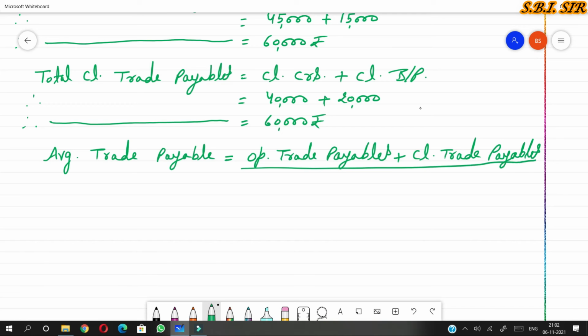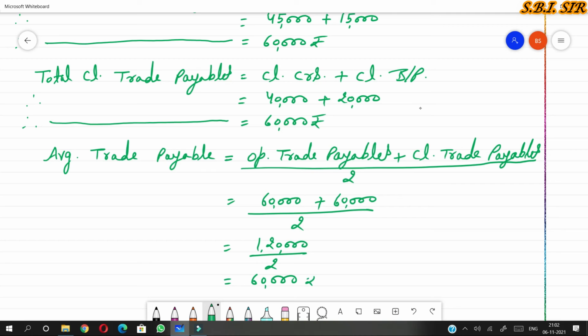Students, you can also write it like opening balance of trade payables plus closing balance of trade payables upon 2. Opening trade payables 60,000 and closing trade payables 60,000. 60,000 plus 60,000 upon 2. 1,20,000 divided by 2, 60,000 will be average trade payables.